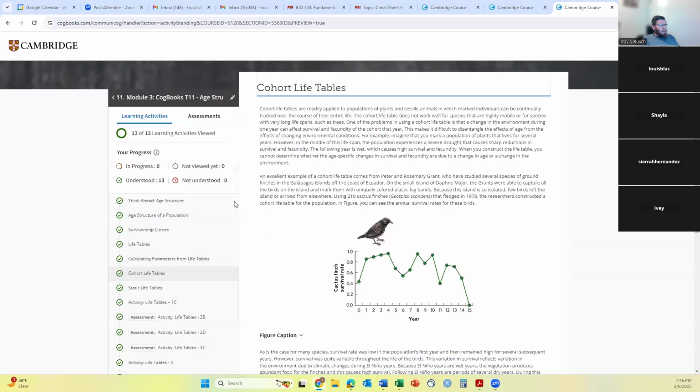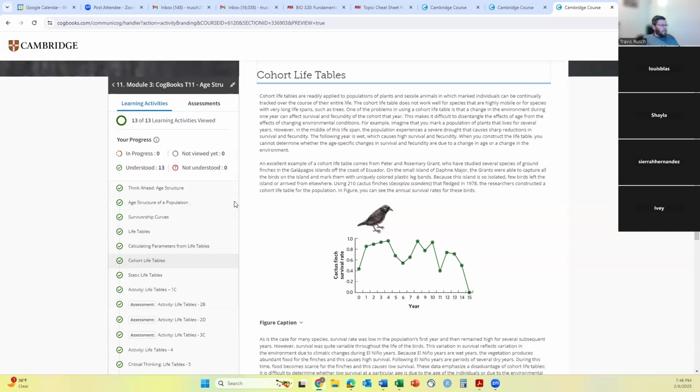Okay, so then briefly it introduces cohort tables versus static life tables. What is a cohort table roughly? Like, how would we describe that, and what kind of organisms would we use it for?